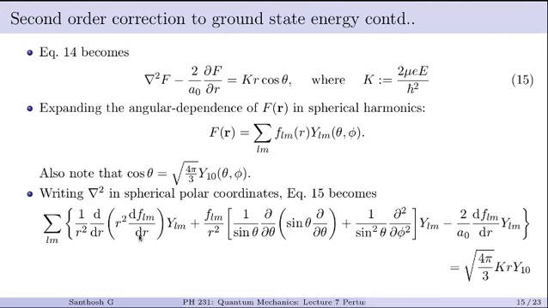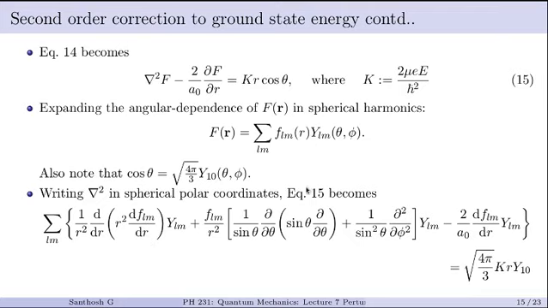Now the first term involves derivative with respect to r only, and in this expression the only term that depends upon r is the small f, and therefore Y lm remains unaffected. Therefore we can write the first term as this, which involves derivative only of f with respect to r.